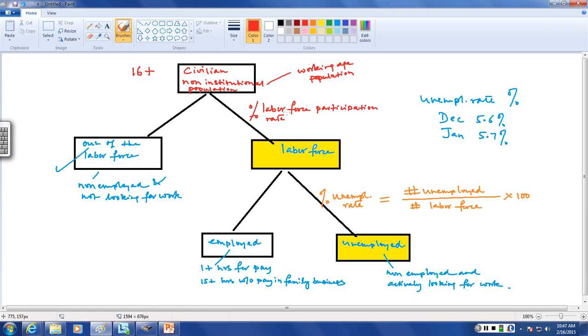So what is the labor force participation rate then? It is the number of people in the labor force box divided by the number of people in the, to make this short, I'm going to call it CNP, civilian non-institutional population. So the number of people in the CNP box times 100 to convert that into a percentage. So that is the labor force participation rate.